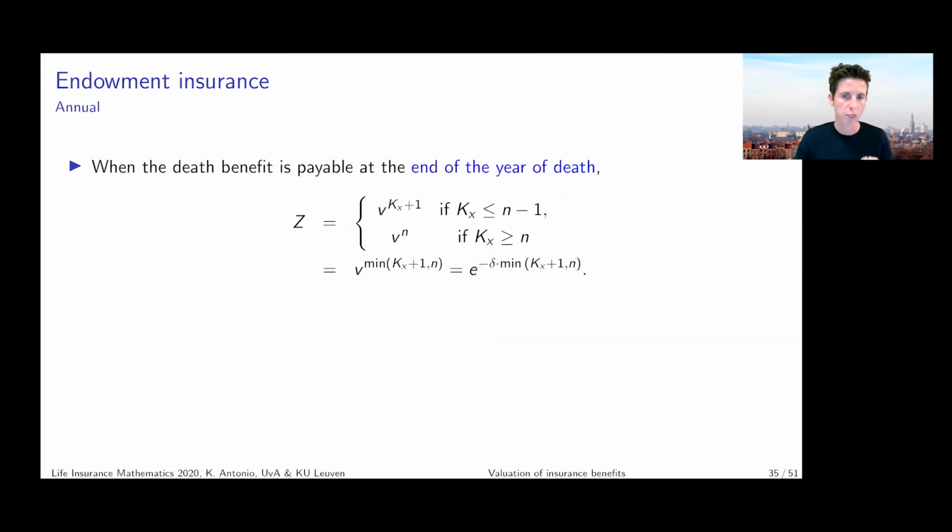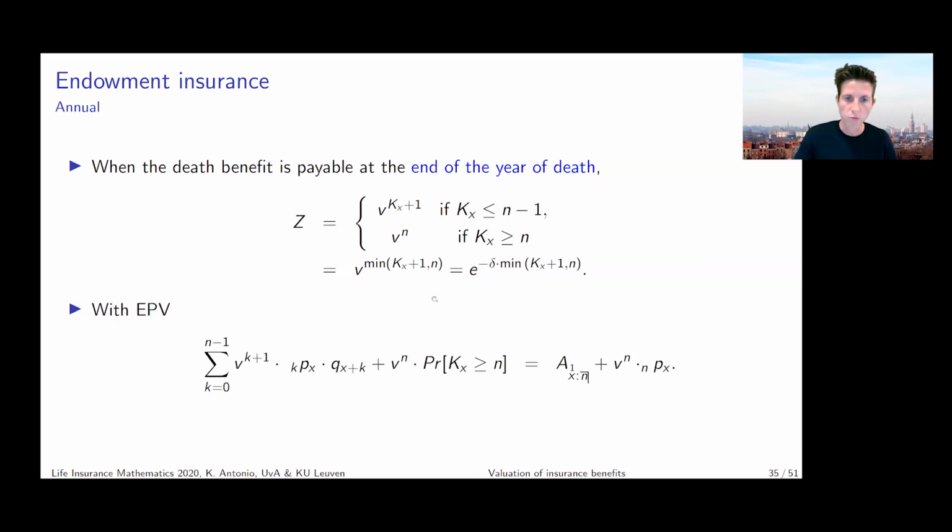If I would do the same for the annual product, then you'll get the same kind of reasoning. So the endowment insurance in discrete time with annual time periods, what does that mean? We're going to pay the death benefit at the end of the year of death, if that happens before time n. And if you survive until time n, you'll receive the benefit of €1 at time n. So again, the definition of Z is split into these 2 scenarios, which we can summarize by saying it's v to the power the minimum of Kx plus 1 and n.